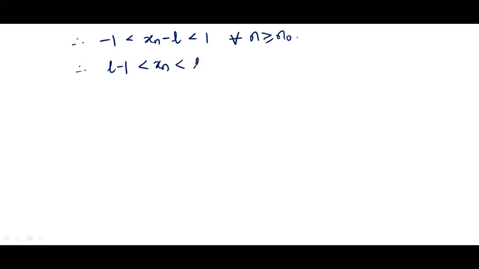Therefore, we can write minus 1 less than xn minus L less than 1, strictly, for all n greater equal n naught. Add L throughout, we get L minus 1 less than xn less than L plus 1 for all n greater equal n naught.